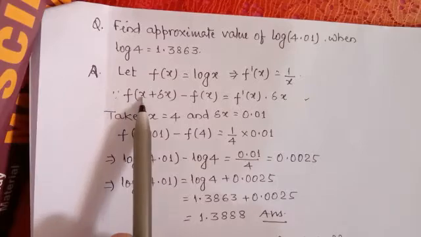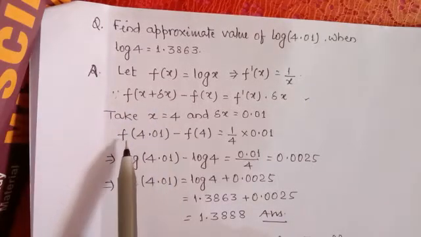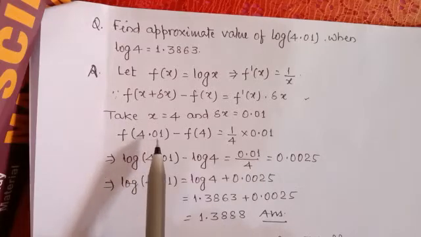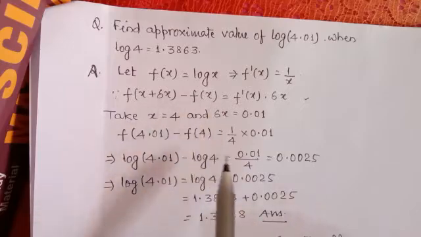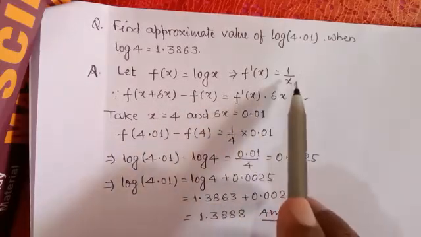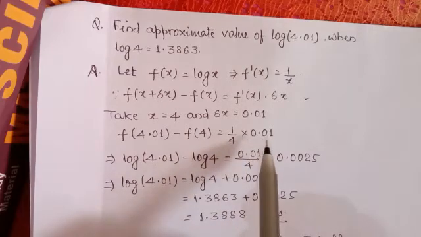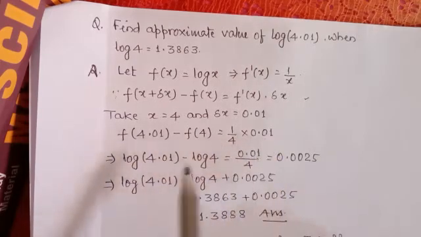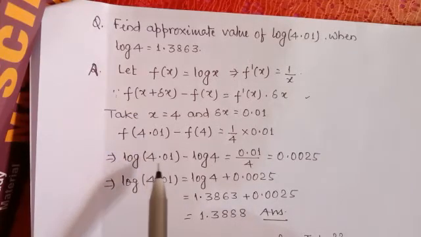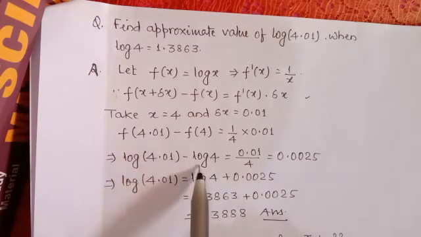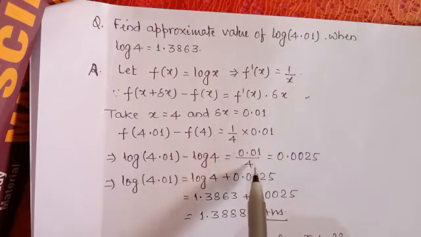So 4 plus 0.01 together becomes f(4.01) minus f(4). x is 4, f dash x, which is already obtained, 1 by x, means 1 by 4 into 0.01. Calculate its value. Write down, this should be log 4.01 minus log 4 is equal to 0.01 by 4.